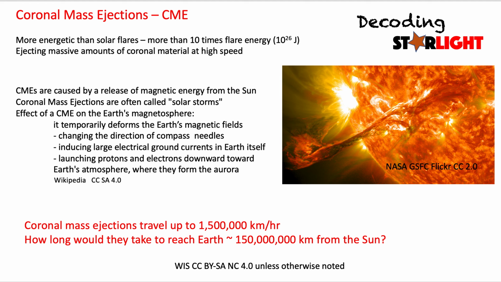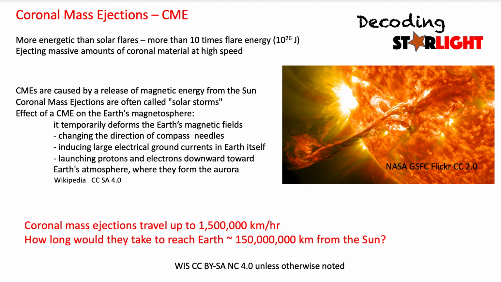Coronal mass ejections are far more energetic, 10 times the amount of energy of a flare, and released by the magnetic field energy, but in larger amounts, and they're often called solar storms, and they have an effect on the Earth, on its magnetosphere.